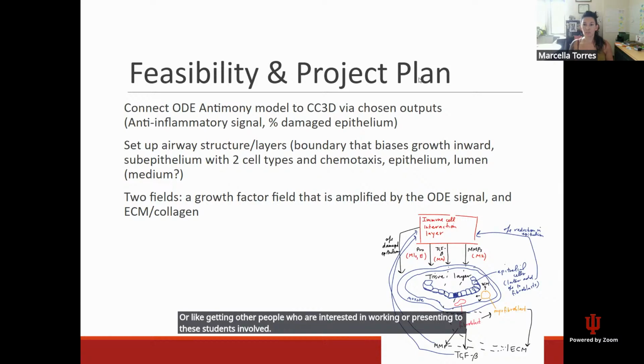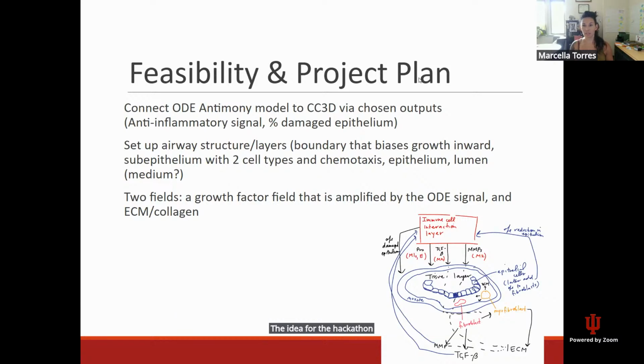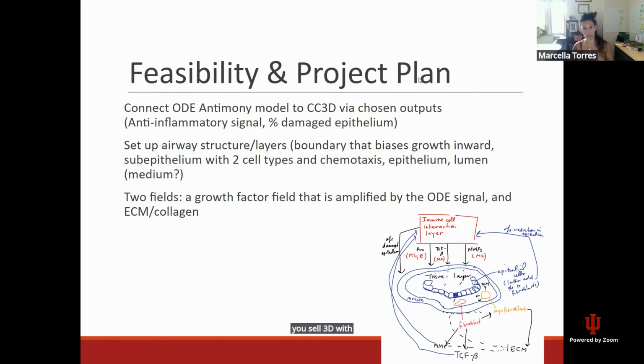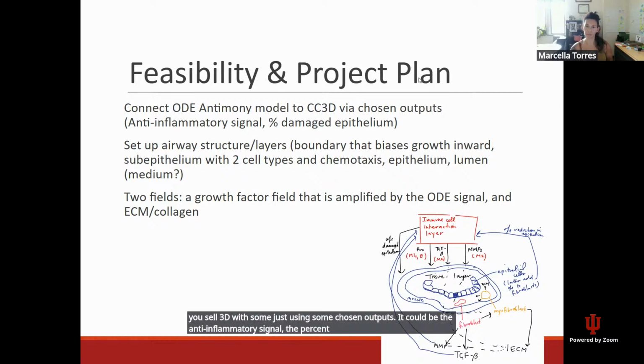The idea for the hackathon is very simple for now. I'd be thrilled if I could figure out how to connect the ODE model that I've previously built, or a simple toy model, to CompuCell3D with just some chosen outputs. It could be the anti-inflammatory signal, or the percentage of the epithelium that's damaged.